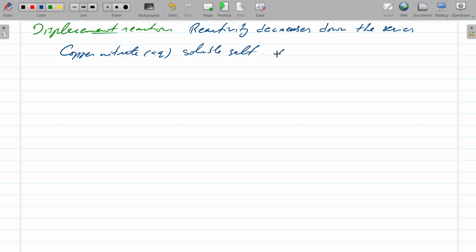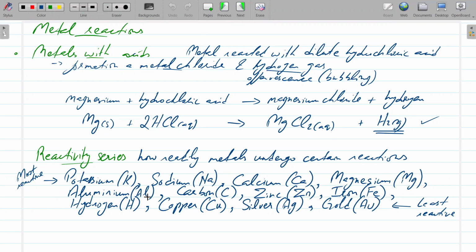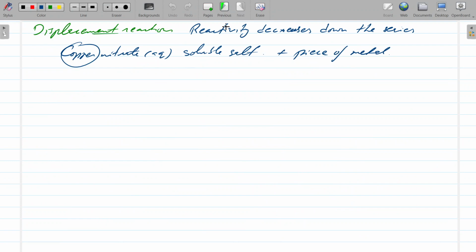Then you add a piece of a different metal. We know copper is way down the reactivity series, just before silver, so its reactivity is very low. So pretty much any other metal you put in, other than silver or gold, is going to cause a reaction, and the reaction is a displacement reaction.